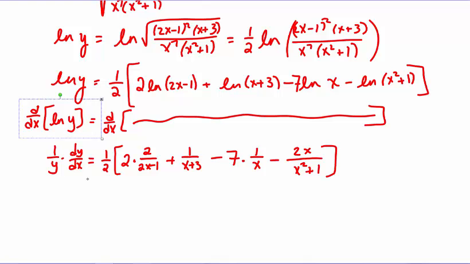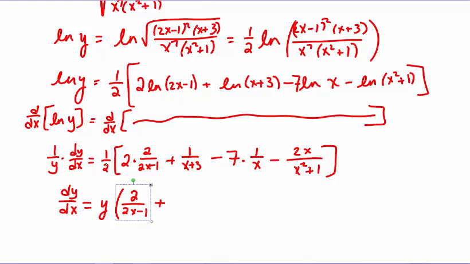And then if I want to distribute here, I don't have to, but I might as well. I'm going to have dy/dx equals y times, well, if I distribute this 1/2, these cancel, so I have 2 over 2x minus 1. If I distribute the 1/2 to this guy, I have 1 over 2x plus 6. If I distribute the 1/2 to that guy, I have 7 over 2x. Again, this isn't mandatory.